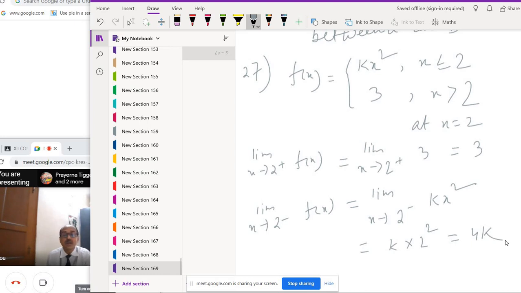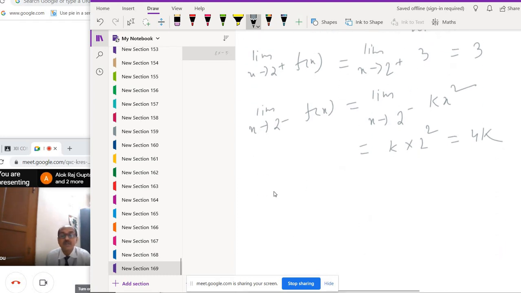So according to the question, right hand limit equal to left hand limit, since f(x) is continuous at x equal to 2.